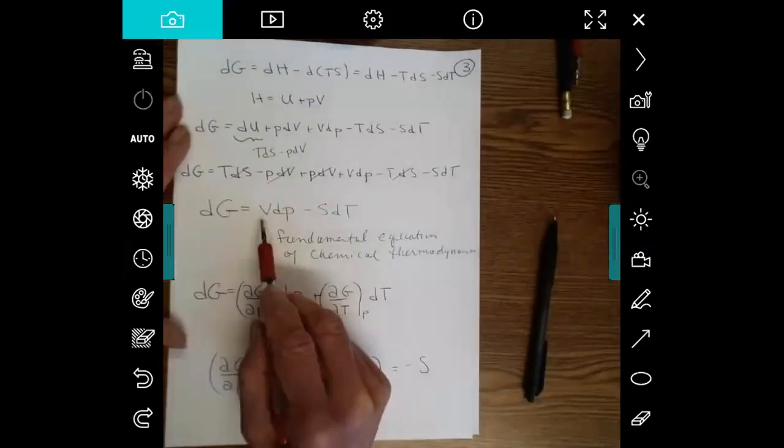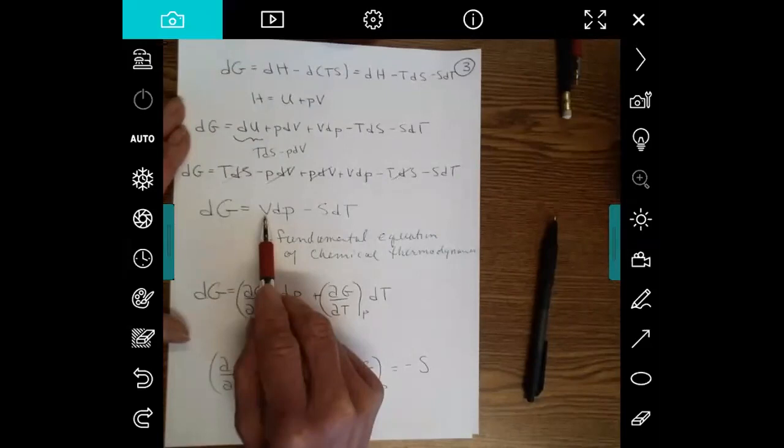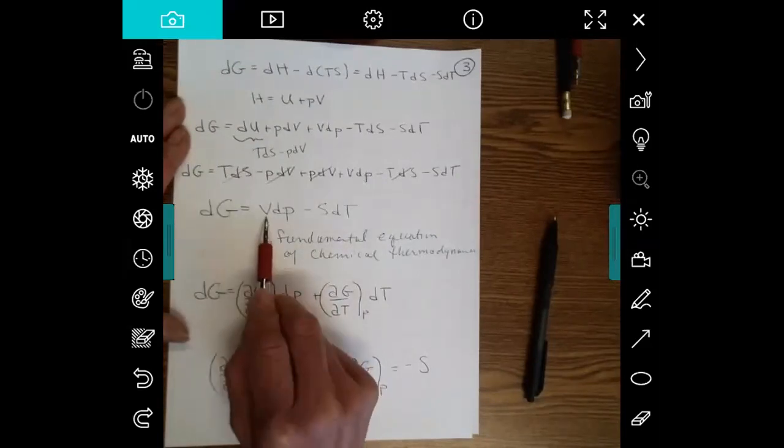So the partial derivative, the proportionality constant between a pressure change and a Gibbs free energy change, is volume.